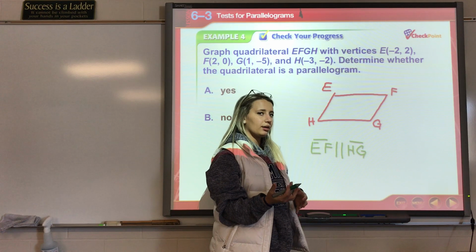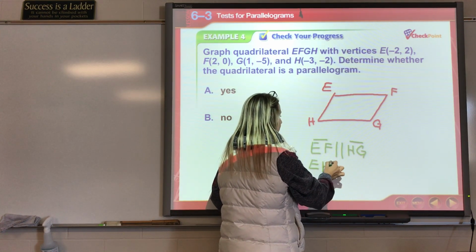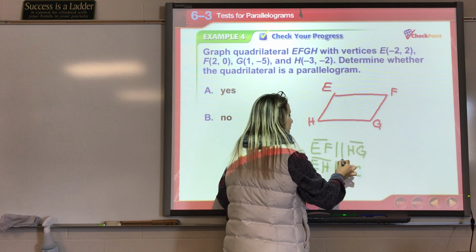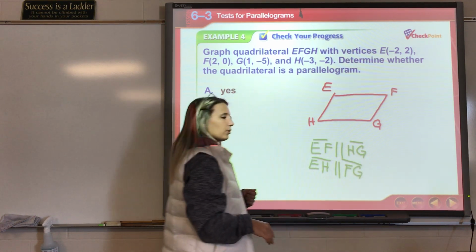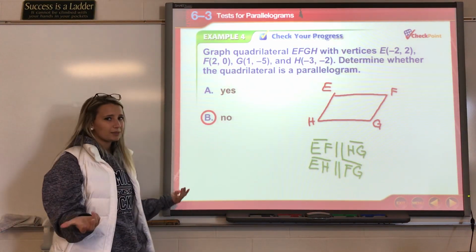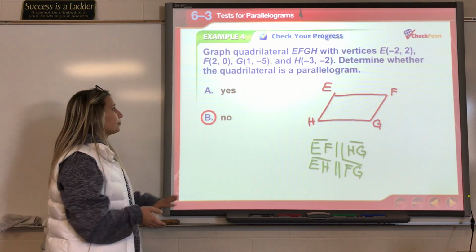And if it was a parallelogram, we should also be finding that EH is parallel to FG. And when we plug in the numbers, we get some different slopes. So the answer is no, it's not a parallelogram.